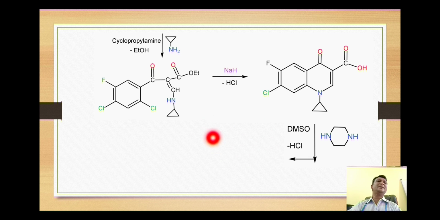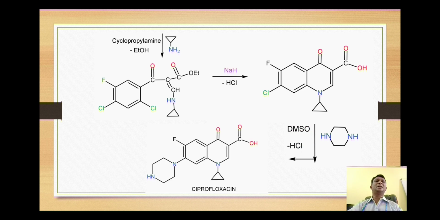So once again there is removal of H and Cl from here, and this piperazine ring gets attached on the position number 7 over here. All this reaction takes place in presence of dimethyl sulfoxide. So ultimately with this we have formation of our titled compound ciprofloxacin.